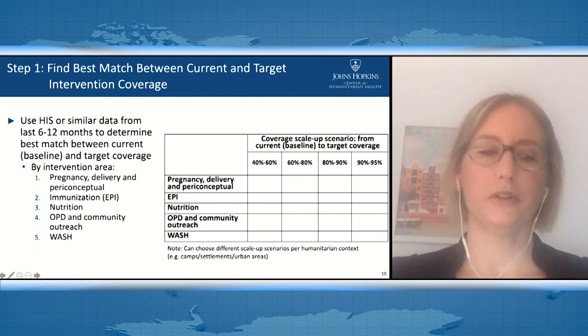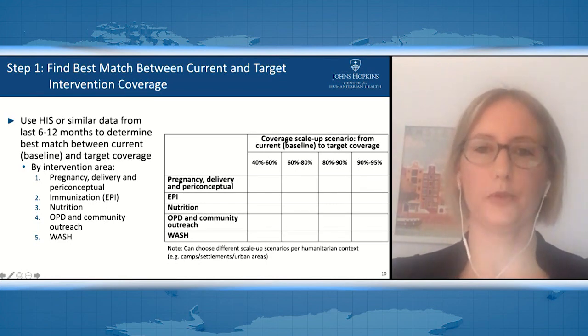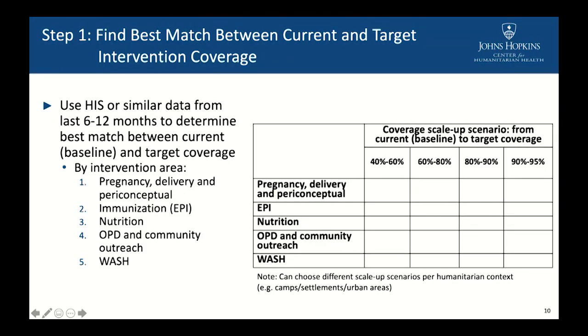For example, if you're thinking about the pregnancy, delivery, and periconceptual intervention area, you would look at the coverage of the interventions included in that area. And you would see, are the majority closer to 40%, 60%, 80%, or 90% currently? And based on which of those 4 coverage levels you choose, we've then defined a coverage scale-up scenario for you.